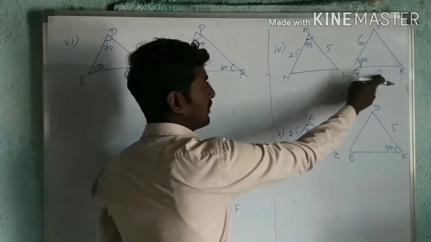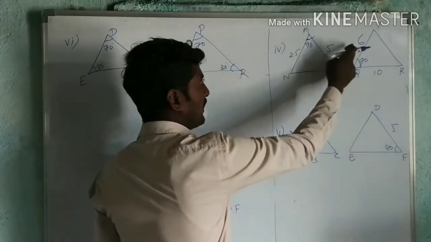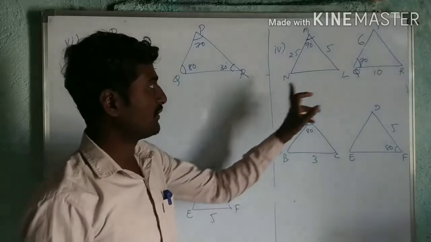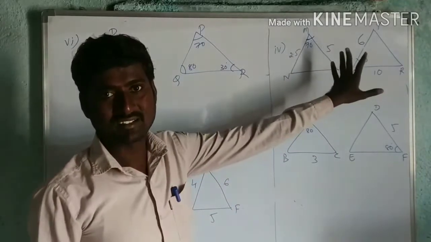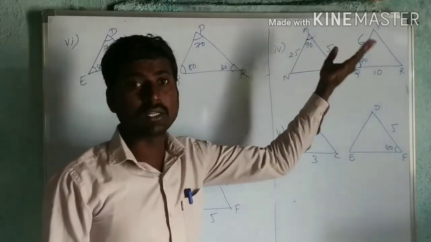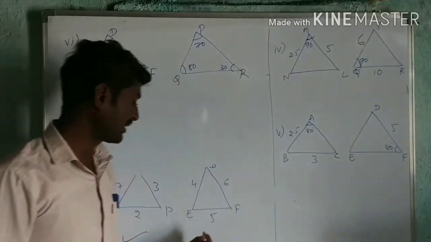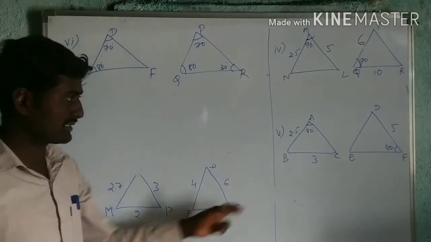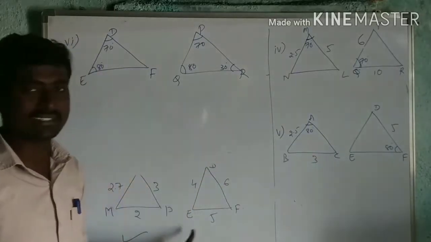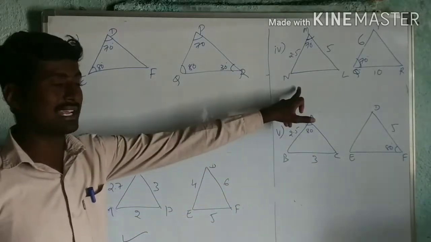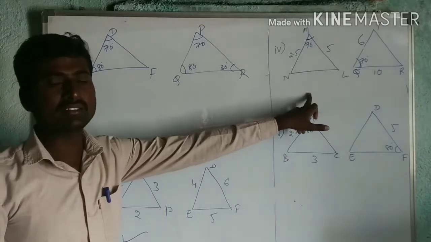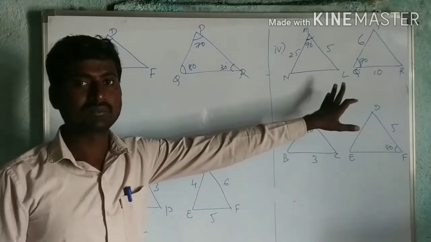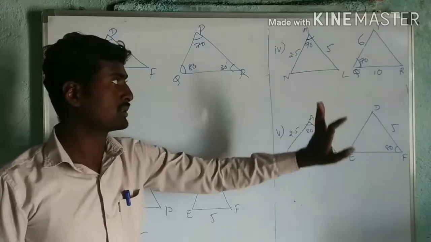But 2.5 divided by 6 you are not getting 1 by 2. So therefore it is not SAS. So corresponding sides are not proportional. The same reason I can give. So these two triangles are not similar because the corresponding sides are not in proportion.